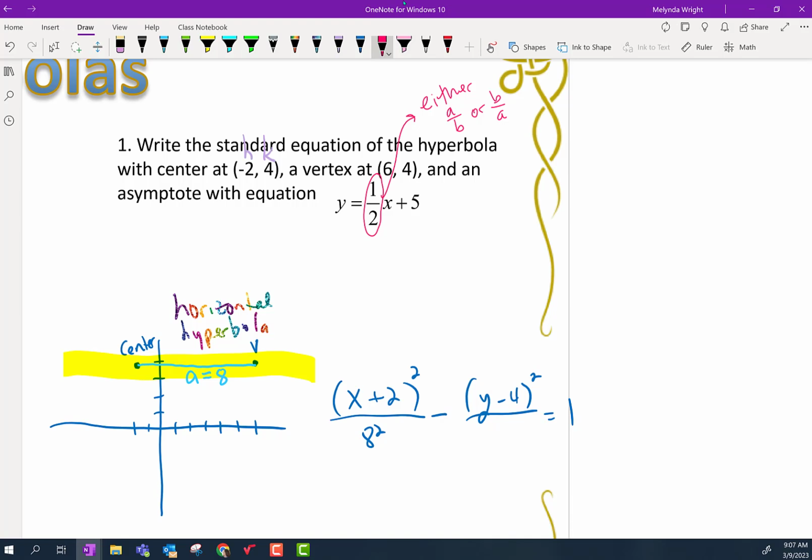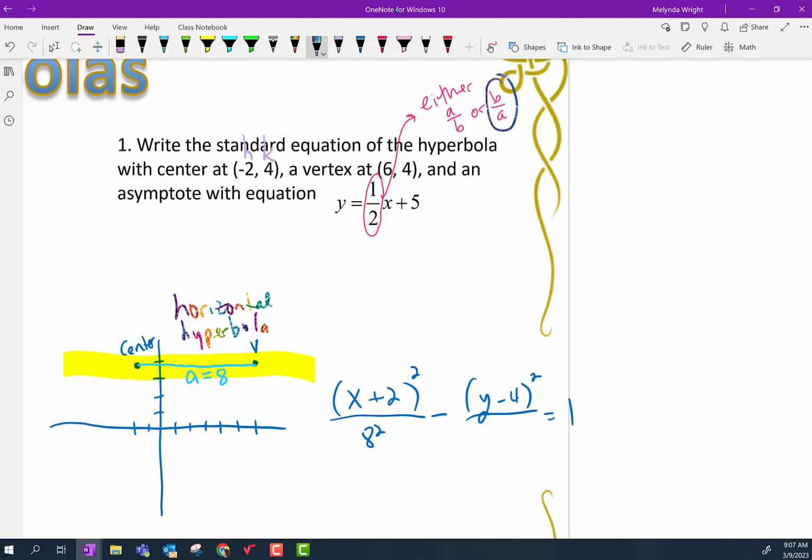Well, we know it's a horizontal hyperbola, and we know that the number under the x is a. So that means that this has to be b over a. A 1/2 is b over a.